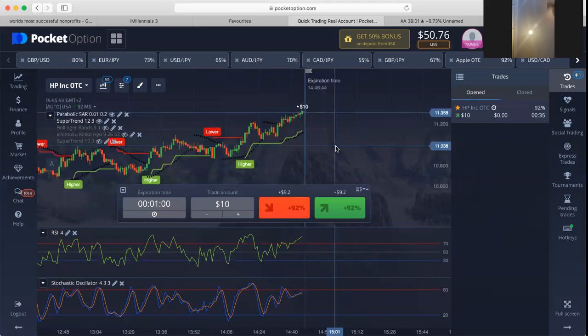Thank you for showing me this, because this gives me more of an indicator of what's going up and what's going down. HP so far is doing pretty good. Ooh, the candle went bearish.